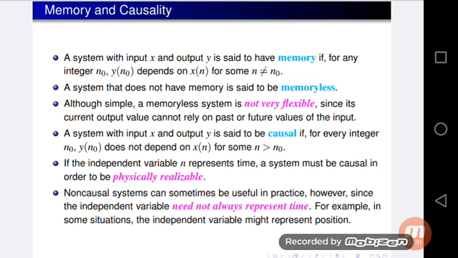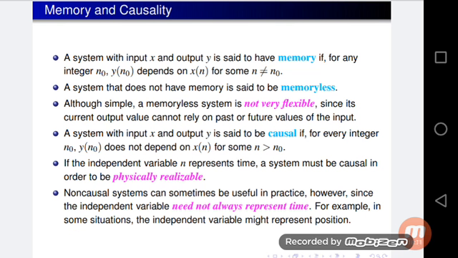First, a system with input x and output y is said to have memory if for any integer n0, y of n0 depends on x of n for some n not equal to n0. Second, a system that does not have memory is said to be memoryless.